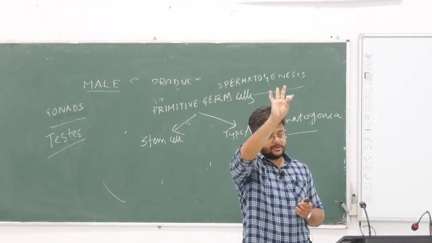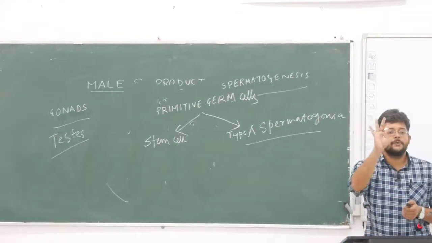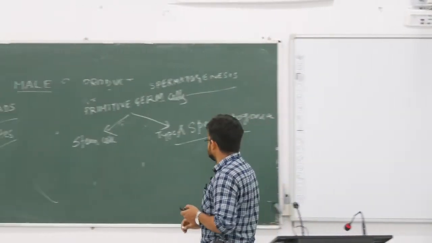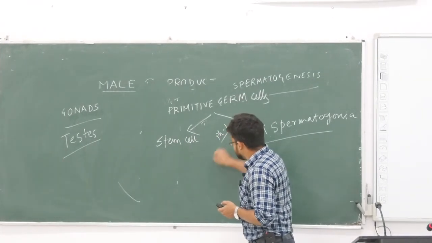Type A টা spermatogenesis করছে। এবারে তিনটে ফেজ, there are three phases of spermatogenesis. First phase, type A, phase 1, we are starting with phase 1.